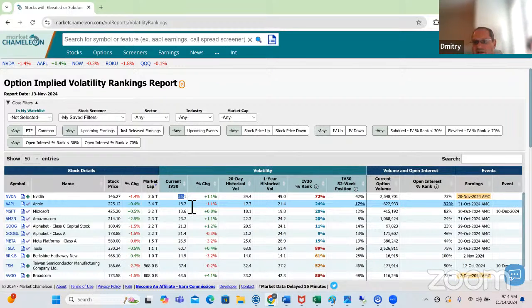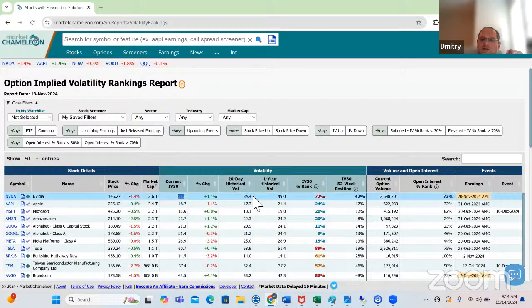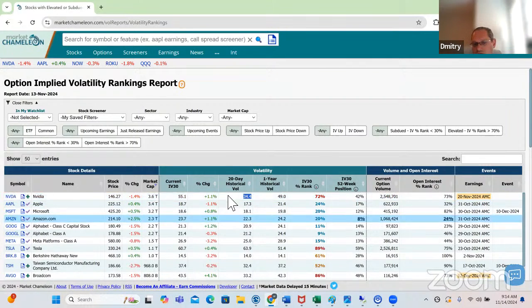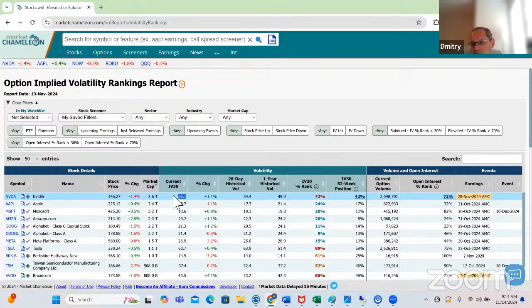And how many days do we look at? This is looking at the most recent 20 trading days. We use 20 days because these are 20 trading days, and the IV30 is looking at 30 calendar days, so they're close. It's a little bit closer together. So let's say 20 trading days.